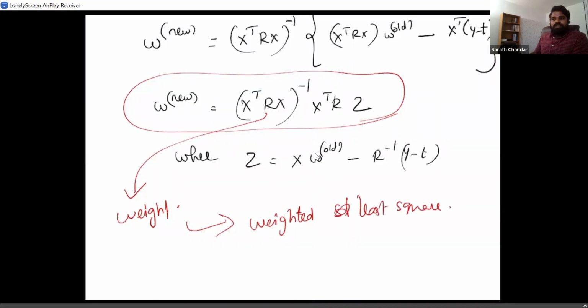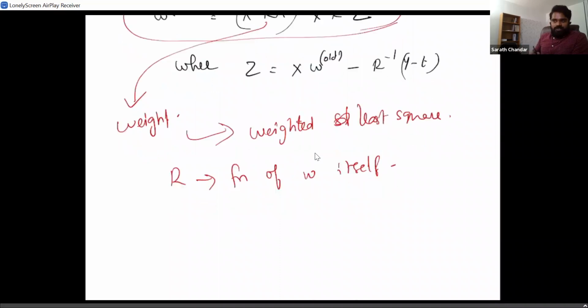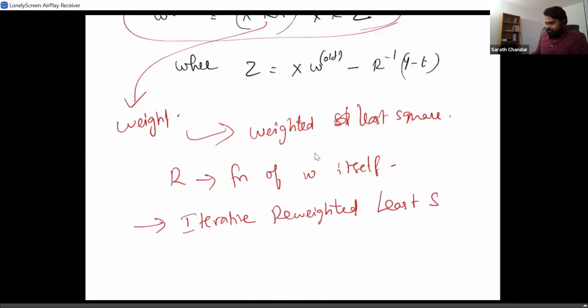But it's not a one-step solution. Why? Because R is actually a function of W itself. So until W converges, this update is going to keep on happening. This is an iterative process. This algorithm has a name in the literature: iterative reweighted least square. So IRLS is basically Newton-Raphson for logistic regression.